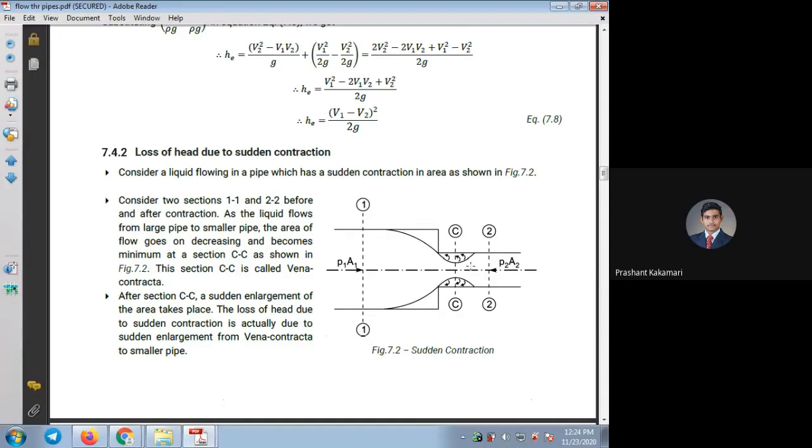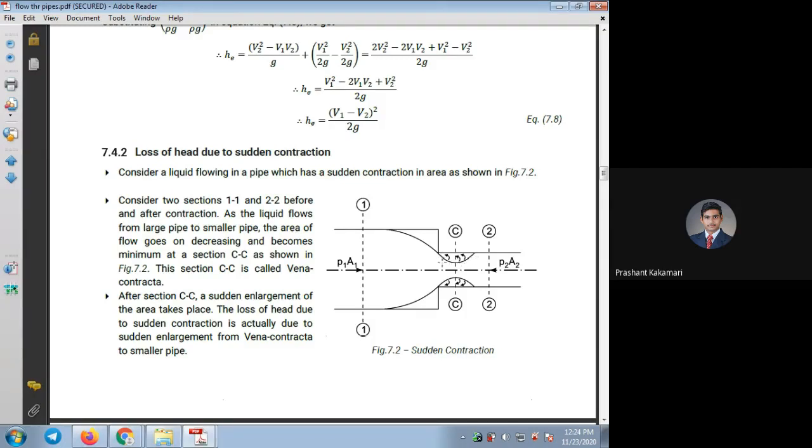And the flow phenomenon: the flow of water at high speeds, after achieving some high speed, is going to gradually reduce in diameter. I'm talking about the flow, not the pipe. The flow is gradually reducing, creating some gap here with some eddies. Then once it reaches this sudden decrease in diameter, again it is flowing like in a venturimeter.